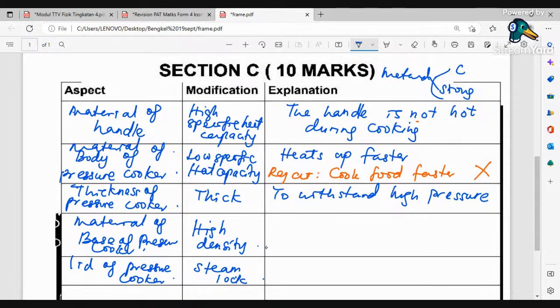Okay, material of base with high density means it does not easily topple down, or is stable. Okay, the lid of the pressure cooker has a steam lock to prevent steam from releasing out.